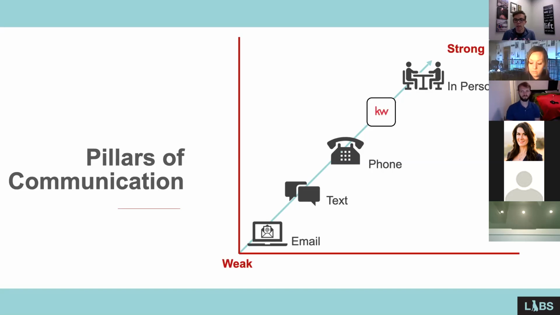Absolutely. And our goal as agents is always to stay in touch with our clients and our database at a higher level, right? We want to be there when they are ready to transact in real estate. So obviously we do things like a 36 touch, and a 36 touch will cover pretty much every level of these 7 levels of communication. In person is obviously the highest level.